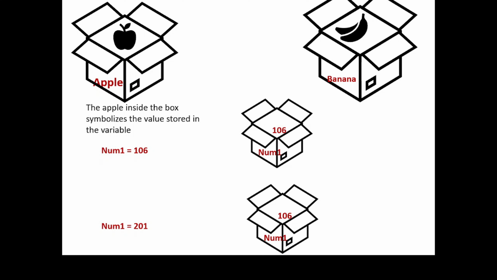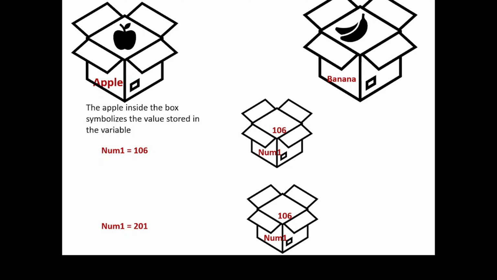And in Python you don't really need to specify the type of a variable when you declare it. Like in other languages, if you want to assign an integer to a variable, we have to write int num1, then assign the value 106.